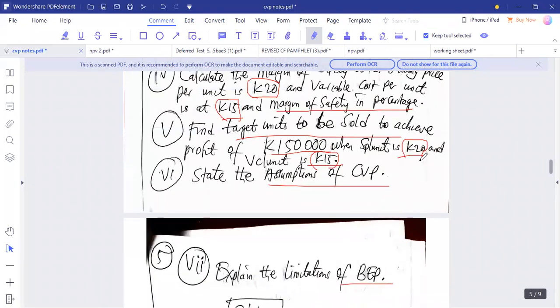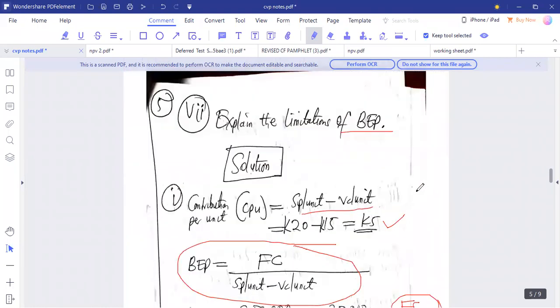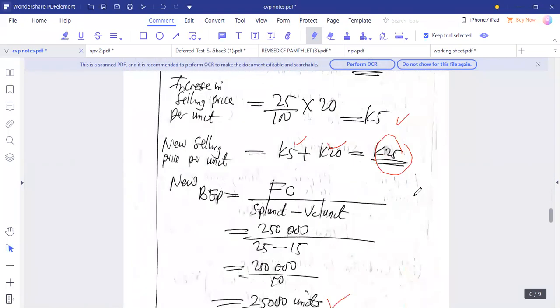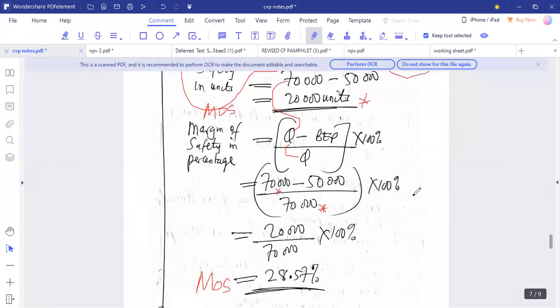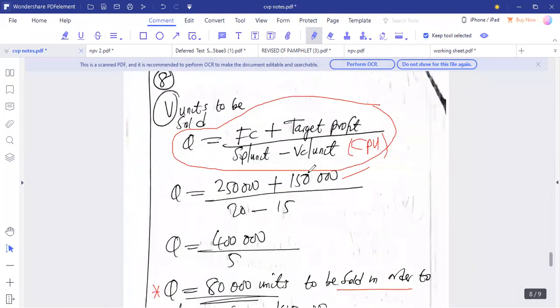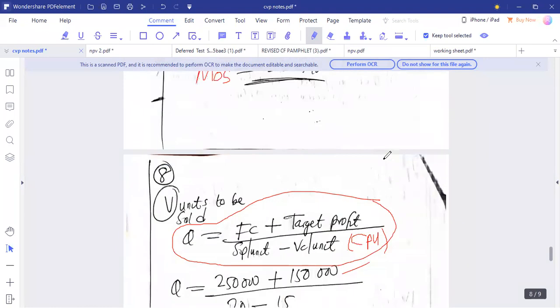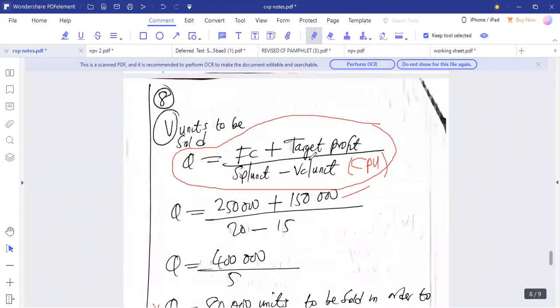The selling price and variable cost per unit have been stated, so we can substitute: the fixed cost is 250,000, given in the question, plus the profit of 150,000, over the selling price per unit minus the variable cost per unit. The difference at the bottom is the CPU, the contribution per unit. Is that clear?